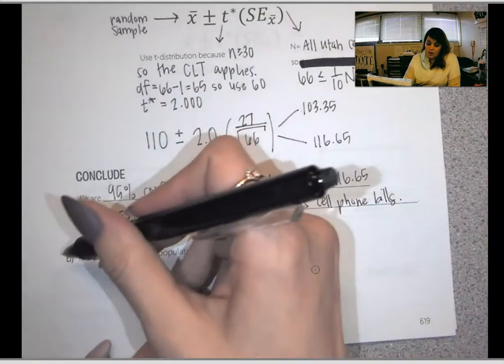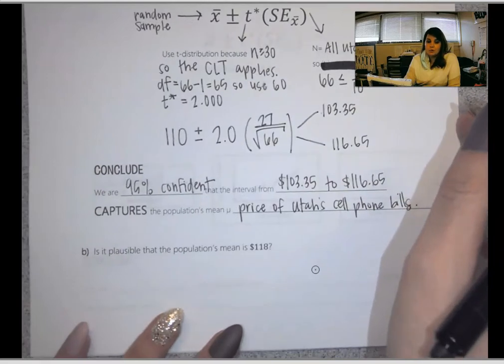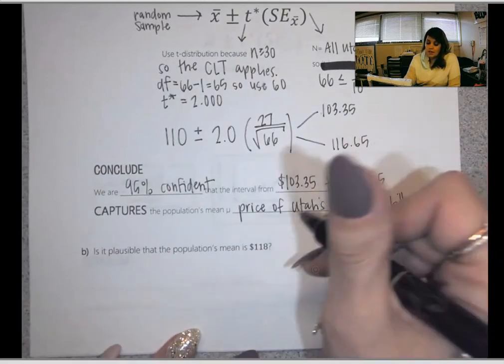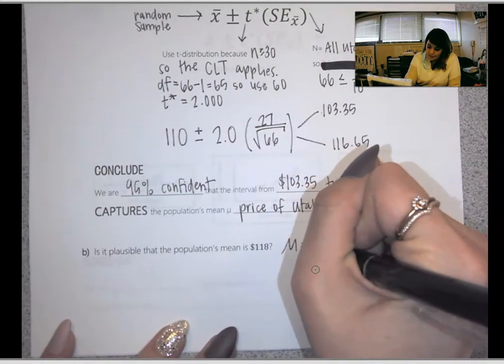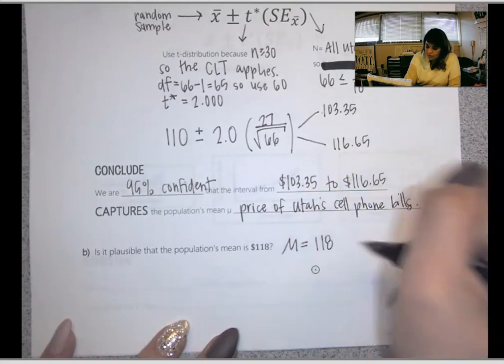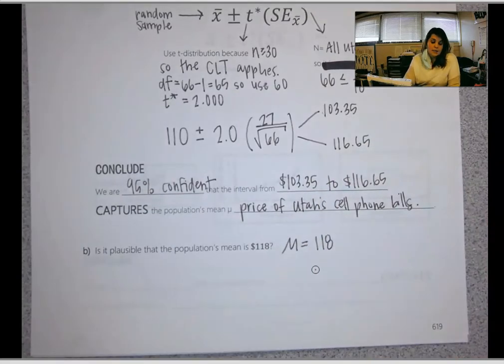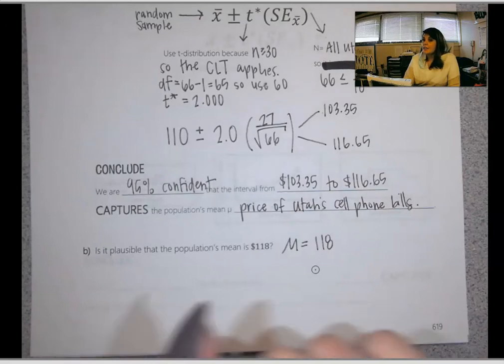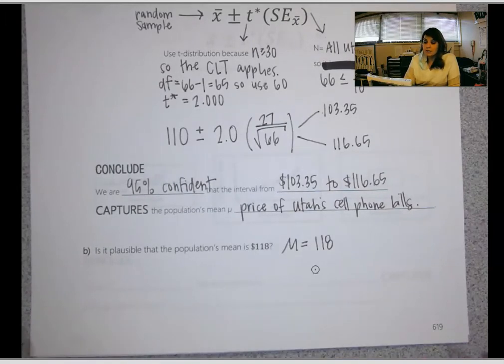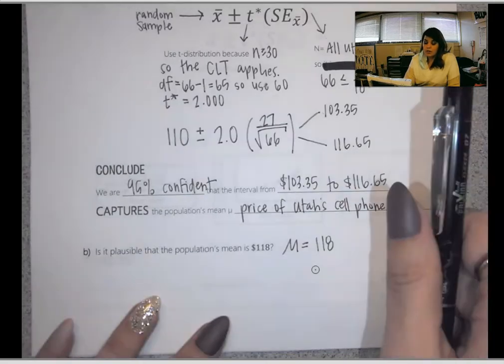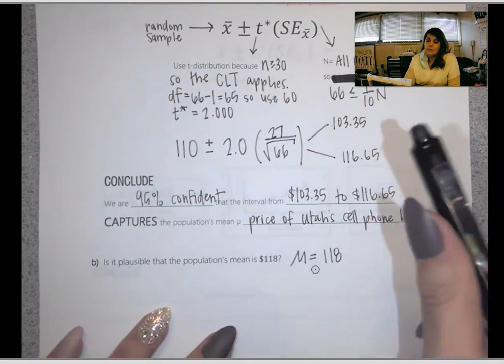So last part B, is it plausible that the mean is 118? So they're asking, is it plausible that mu could be 118? They're not asking about a range of values, they're asking about one specific value. And all we need to do is determine, is it in my confidence interval?